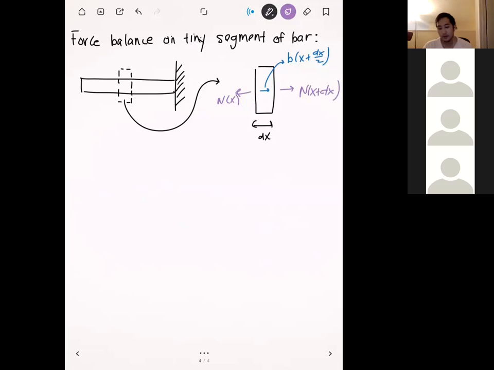Those normal forces you can think of as internal forces that are keeping this segment in static equilibrium, because remember, we're doing a static structural equation here, so everything is in static equilibrium. And so we can take all of these forces, sum them up, and set them equal to 0.